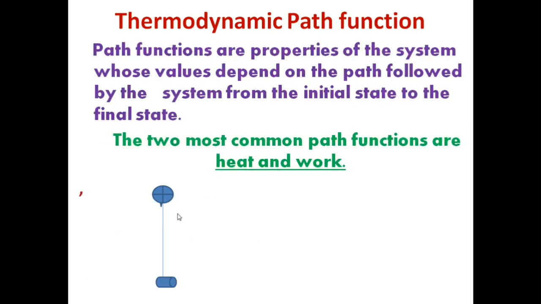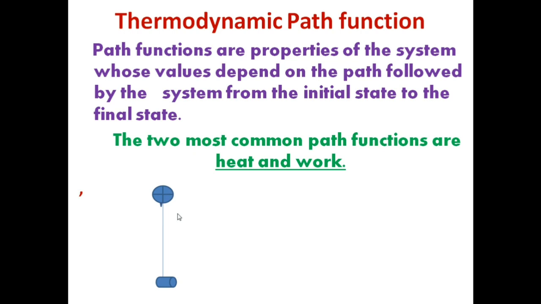Now see what a thermodynamic path function is. As we saw, state functions depend upon the initial and final state of the system. But path functions are properties of a system whose values depend upon the path followed by the system to reach the final state from the initial state.